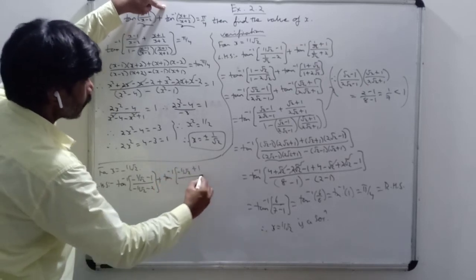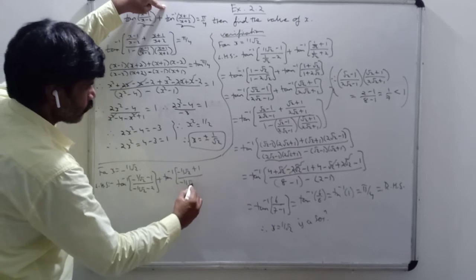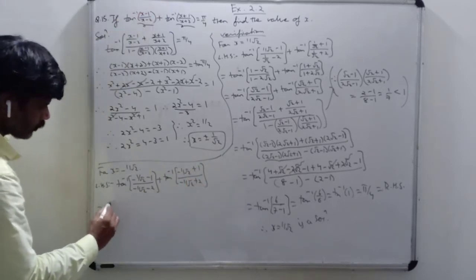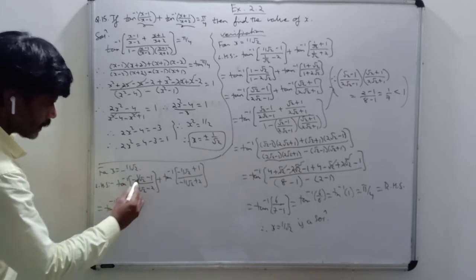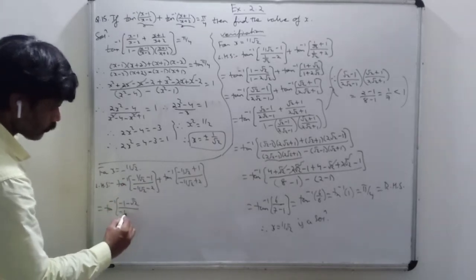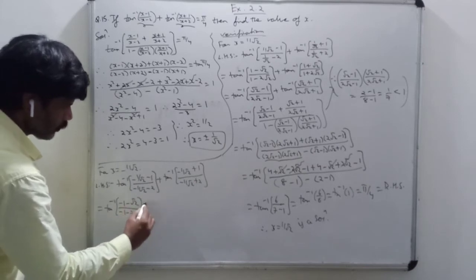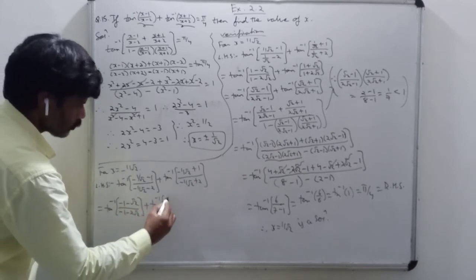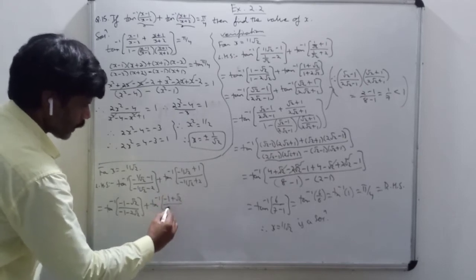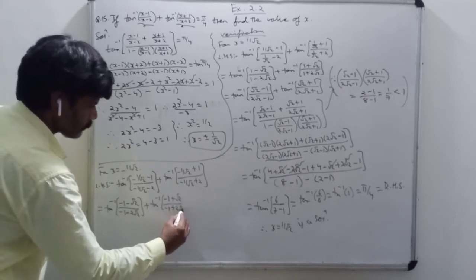So that is equal to tan inverse of, taking LCM, minus 1 minus root 2 upon minus 1 minus 2 root 2, plus tan inverse of minus 1 plus root 2 upon minus 1 plus 2 root 2.